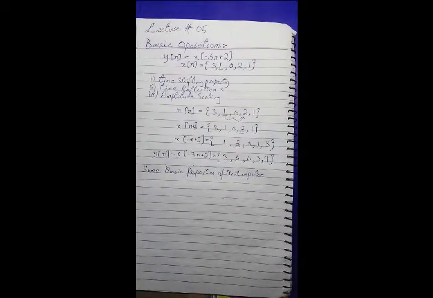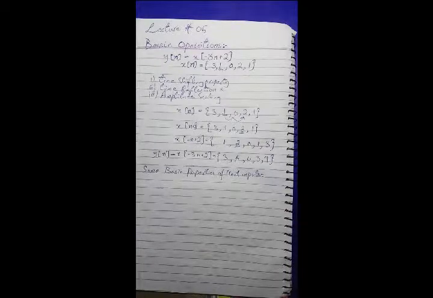Now we have first learned that we have two basic signals, the impulse signal and the unit step. So we see why this unit impulse is called the basic signal or core of DSP, digital signal processing.